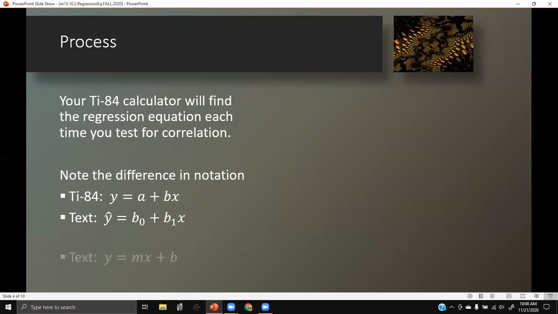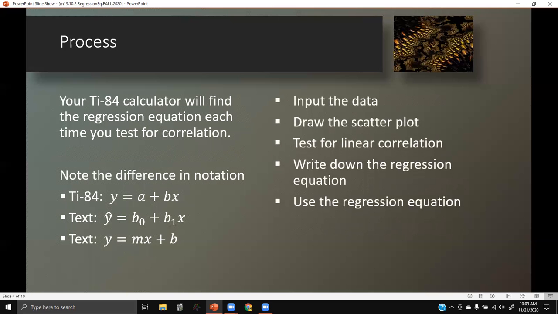And you'll remember from your algebra sequence of courses, y equals mx plus b. So you can see that the coefficient for the x is the slope, regardless of what we call it, b, b1, or m. The constant value, b, b naught, or a, is always the y-intercept there. So at the end of the day, we like to input the data and draw the scatter plot.